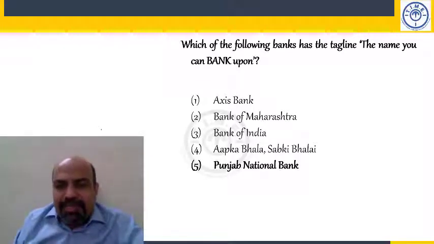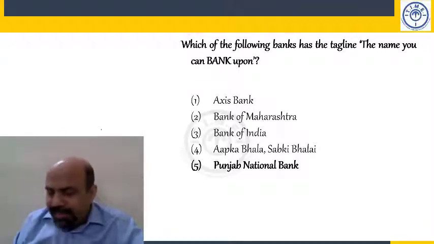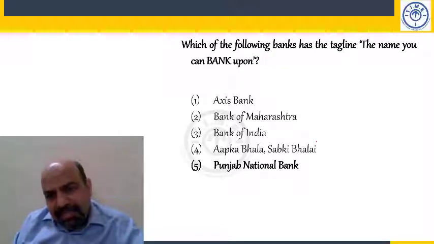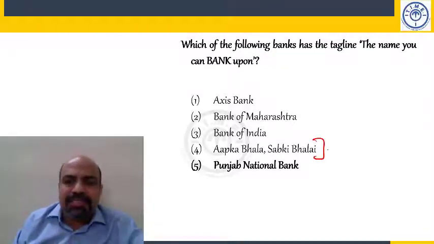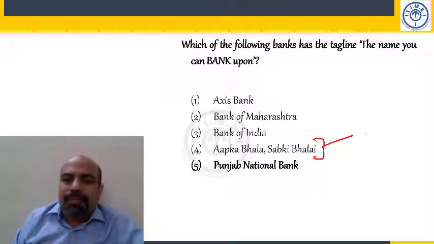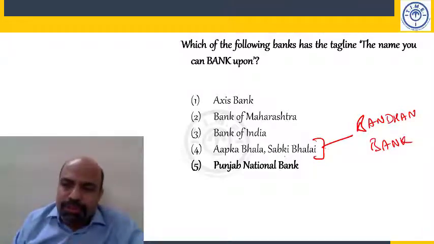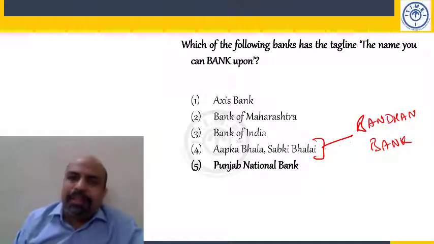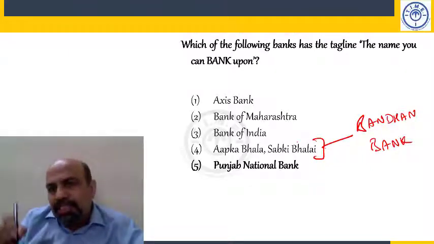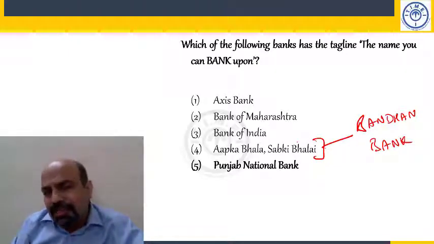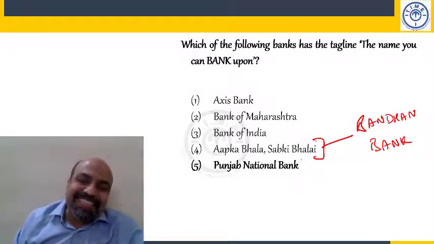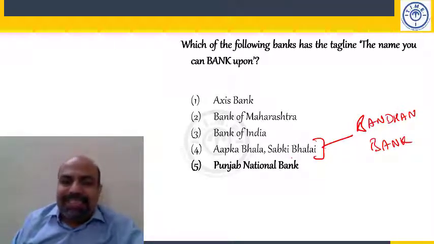This particular one is a tagline. Instead of a bank name, we have a tagline. I think it's my mistake. I did not check this. Aapka Bhala Sabki Bhalai is Bandhan Bank. Bandhan Bank. Calcutta based bank. This is a tagline of Bandhan Bank. So one of the choices should have been Bandhan Bank. I changed some of the choices in this question. So it's my mistake. Bandhan Bank, okay.